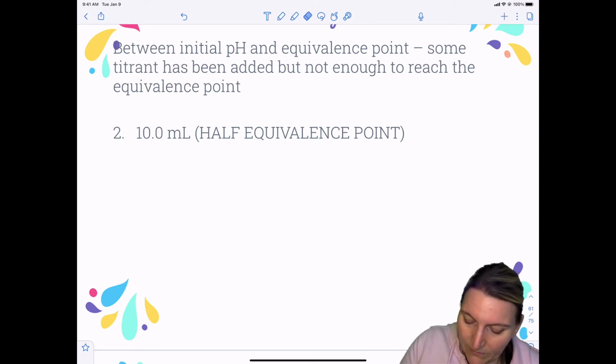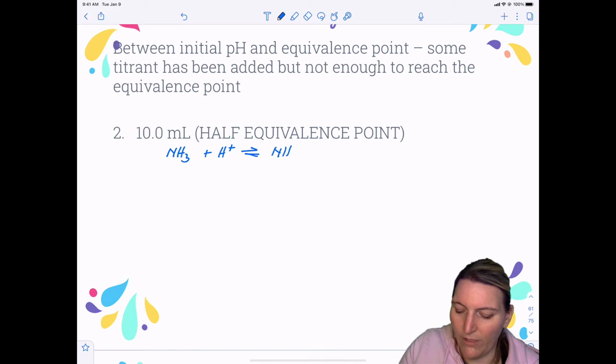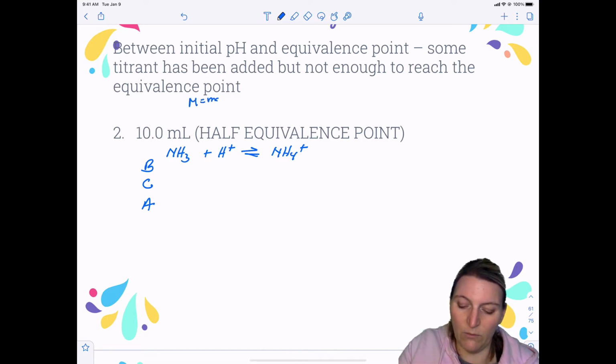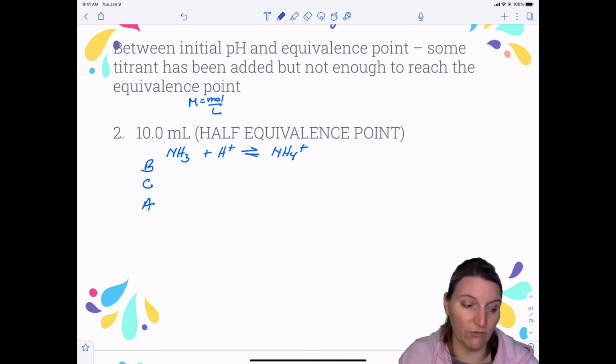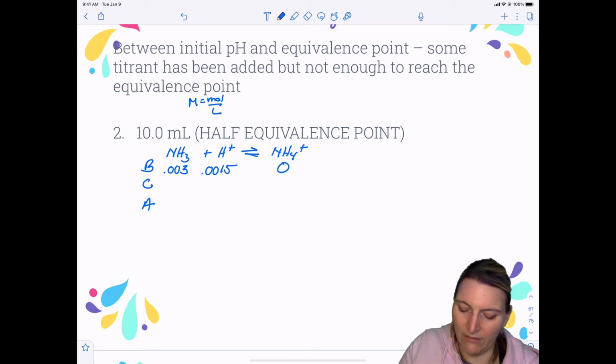So what do we got here? Ammonia, NH3, reacting with the acid, the H plus, making ammonium, NH4 plus. BCA. Looking at the number of moles using molarity equals moles over liters a whole bunch of times, this comes out to be 0.003 moles, 0.0015, and 0.